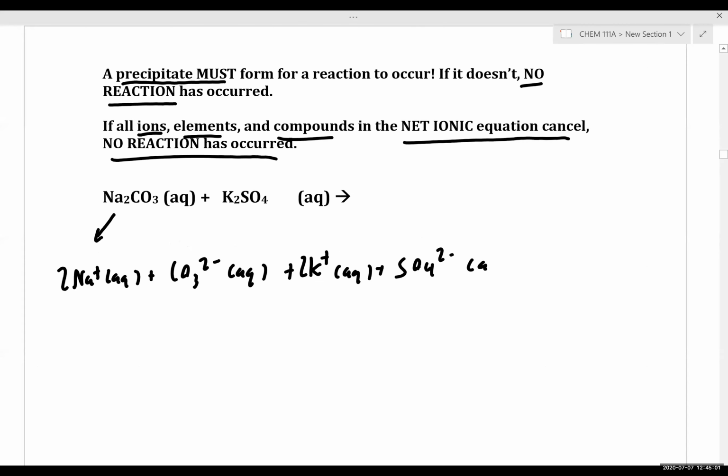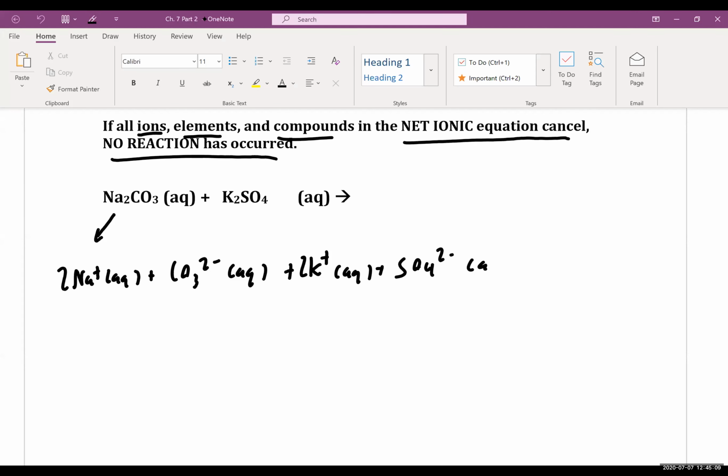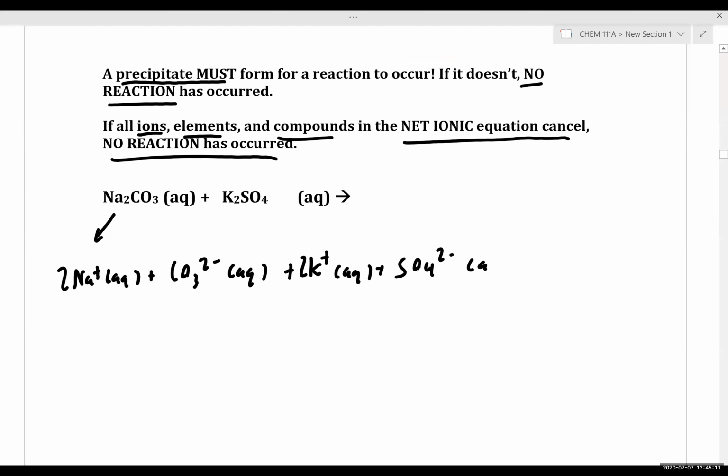So when we last left off, we brought up this central idea in predicting precipitation reactions, in that a precipitate must actually form in order for a reaction to be considered a precipitation reaction.